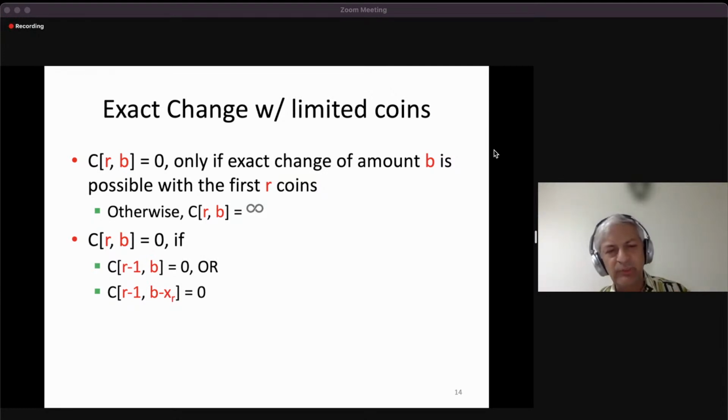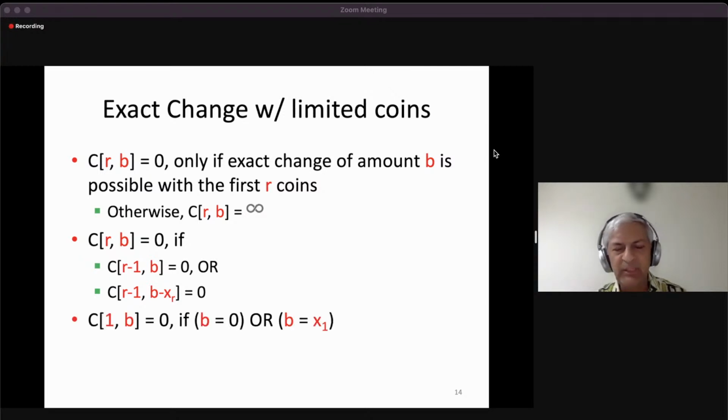And so it's either going to be C[R-1][B] or C[R-1][B-x_R]. Here, x_R is the denomination of the coin in the Rth row. Remember, we had 10 and 7 and 4 and 7 and 10. Those are your x_R values. And so this formula tells you exactly how to fill up the matrix at any given entry.